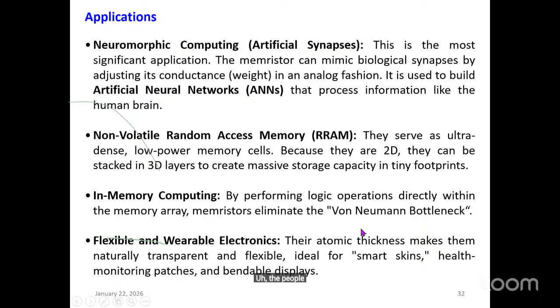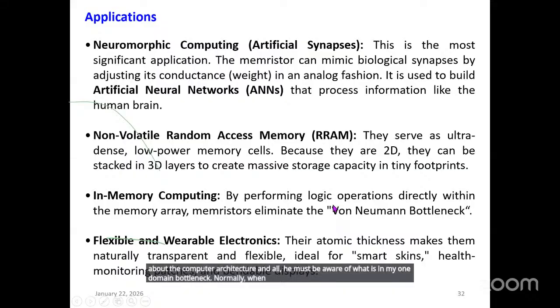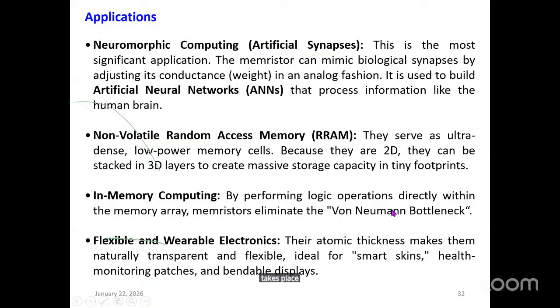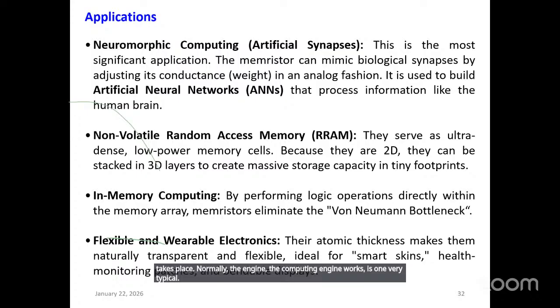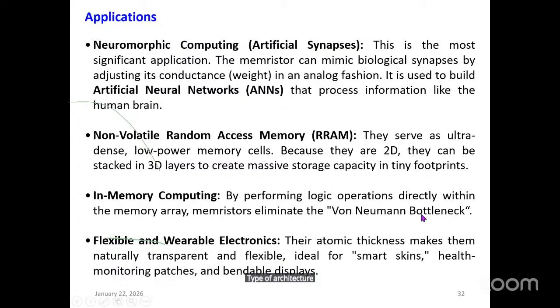Among the audience, if somebody knows computer architecture, he must be aware of the von Neumann bottleneck. Normally, when the processor is designed, the computing engine works on the very typical von Neumann architecture, where the bottleneck is formed because the instructions are executed one by one.